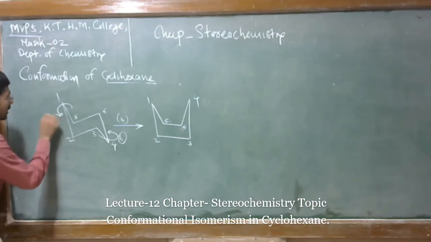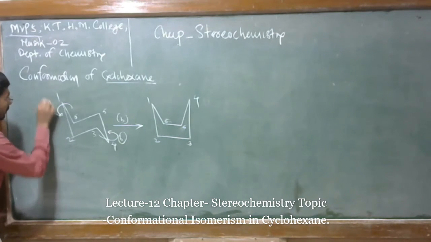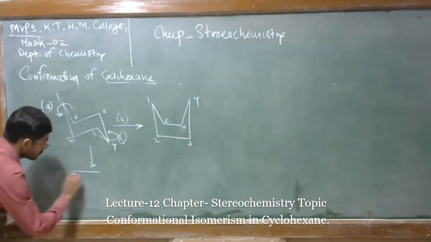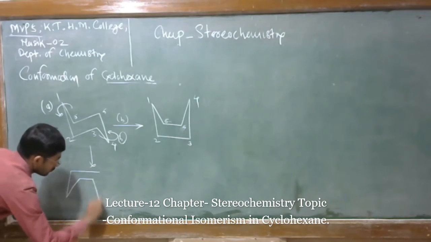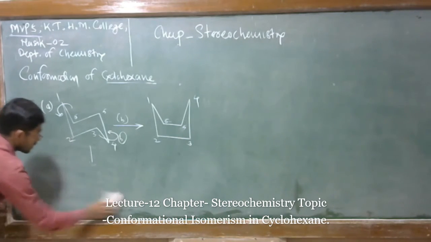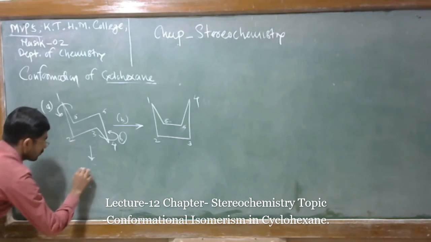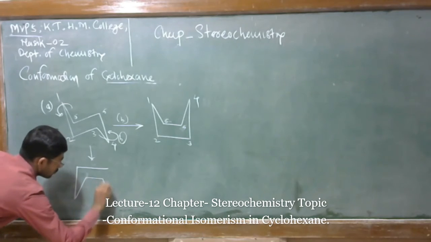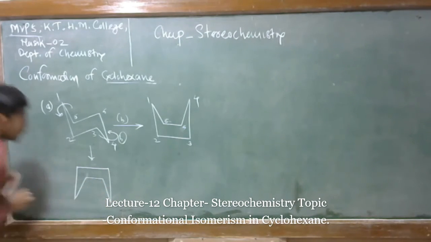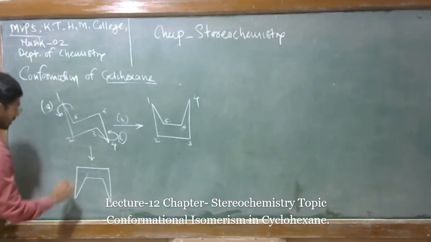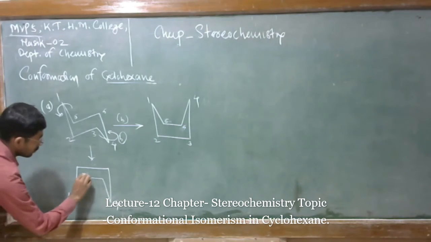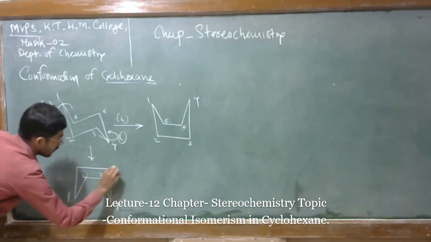Secondly, if you rotate this bond at position A, we get the second boat form like this. In that we can observe that carbon 1 comes to this position, then 2, 3, 4, 5 and 6.